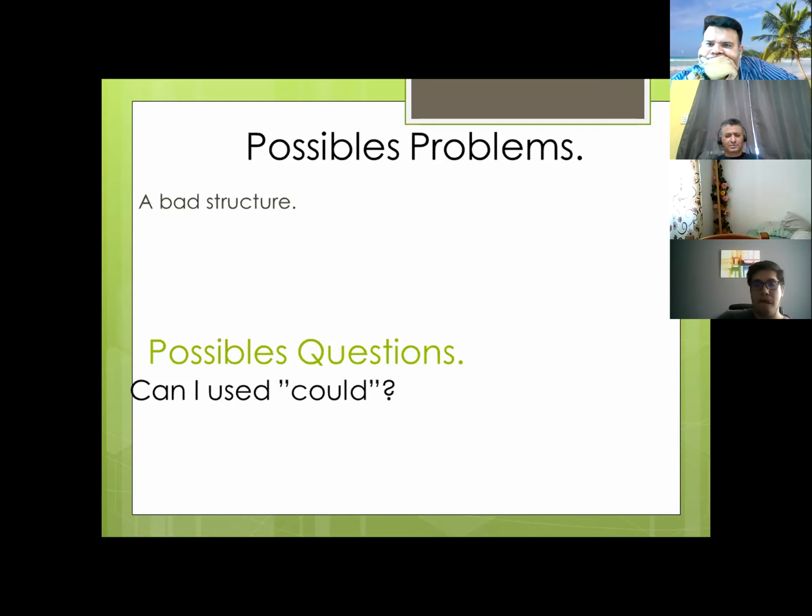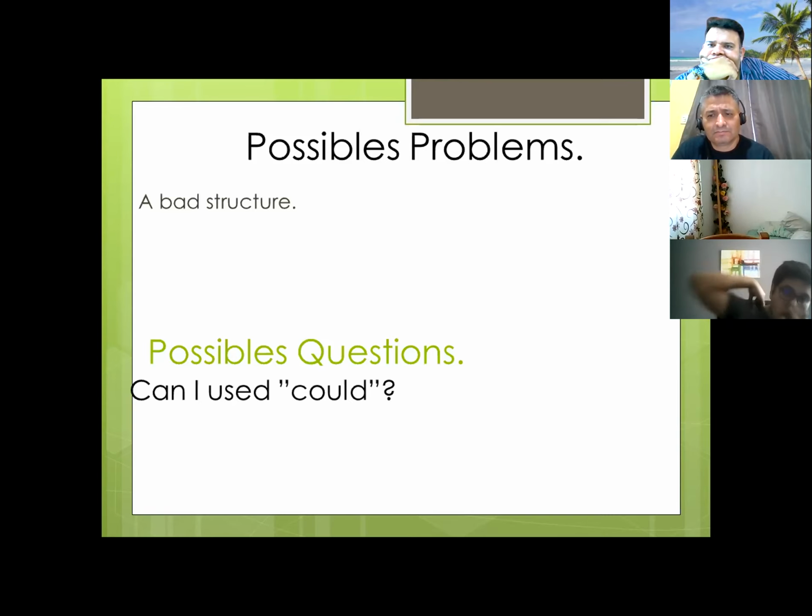But we have an exception with could, some exceptions, and in this case we have possible questions from the student when they say, can I use could? Can I use should? But the structure or the formula for the sentences tells us to only use will, but in exceptions, we use could.